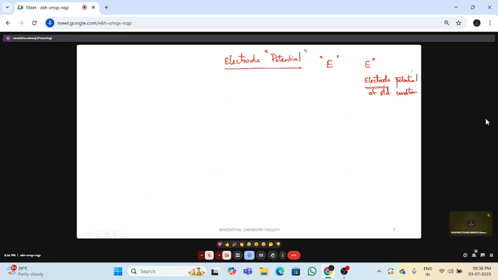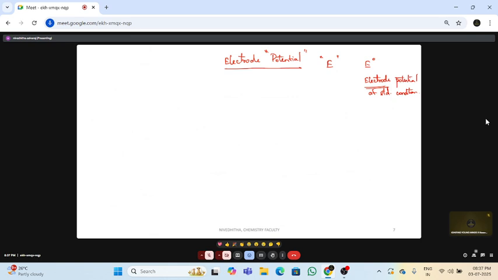Don't get confused between electrode and cell. Two electrodes combine together to make a cell, so each cell will have two electrodes. We have seen the potential of a cell till now. Now we're going to see the potential of each electrode.